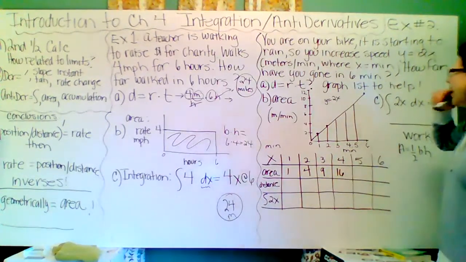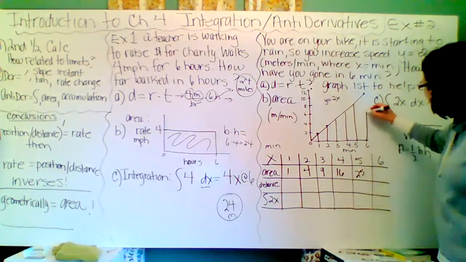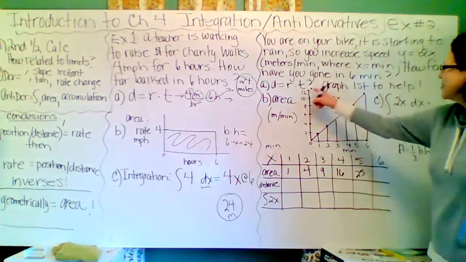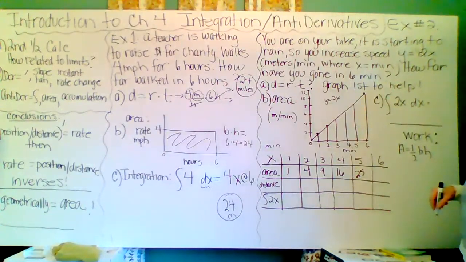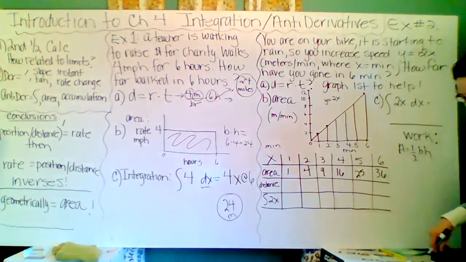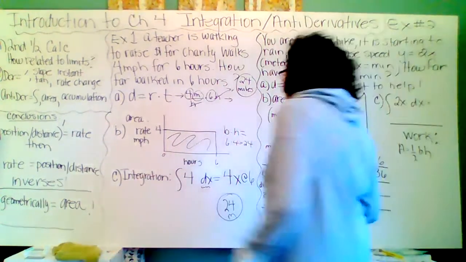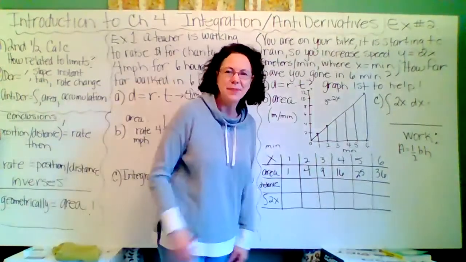There we go. That's 50, 1/2 of that is 25. And then last, base of 6, height of 12, and 1/2 of that would be 36. Okay, so there's the area, because I felt that these were all related, so I just did the area first.